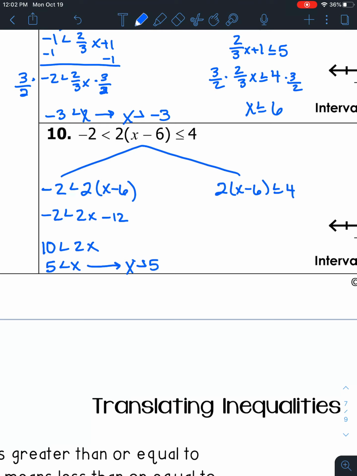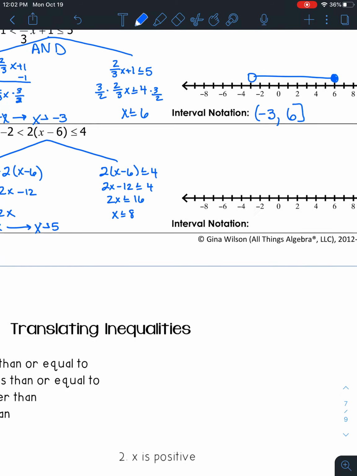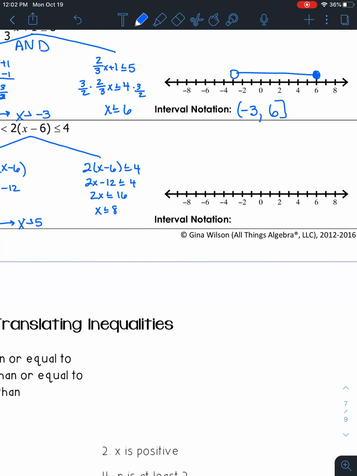Same thing on this other equation. So I have 2x minus 12 is less than or equal to 4. Add 12 to both sides, so that gets you 2x is less than or equal to 16. Divided by 2, so you get x is less than or equal to 8. All right, last one, graphing them up.